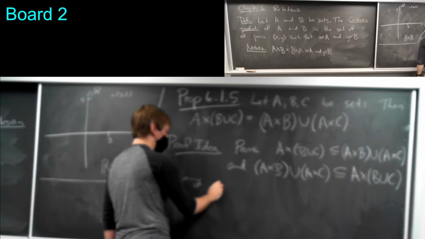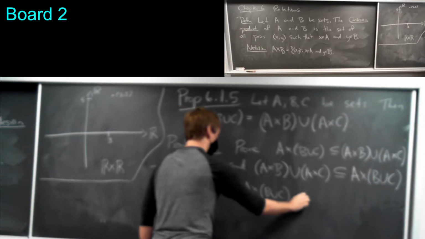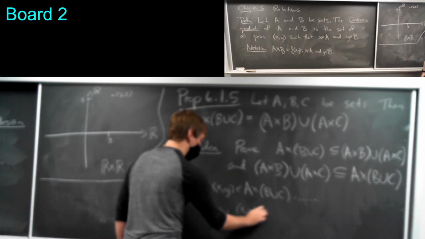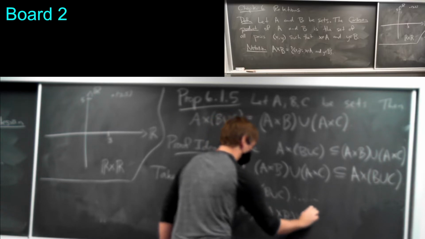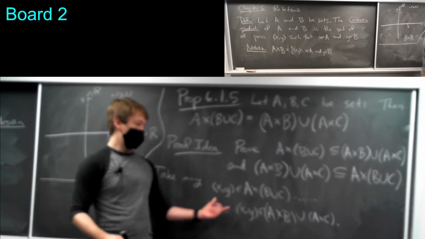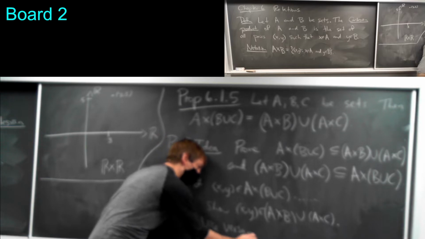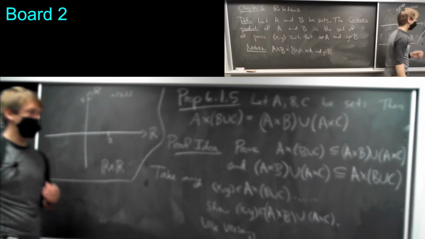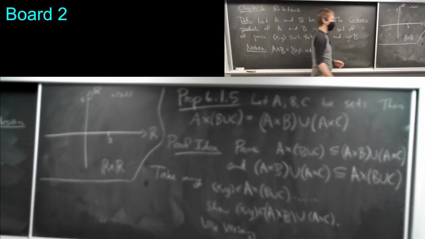So let's say x, y is in A cross B union C, and then eventually show that x, y is in A cross B union A cross C, right? And then kind of vice versa. Okay, so take something in here and show that it's here, right? Okay, so this is just the kind of skeleton of the proof.